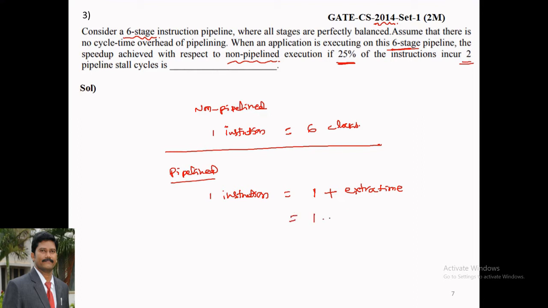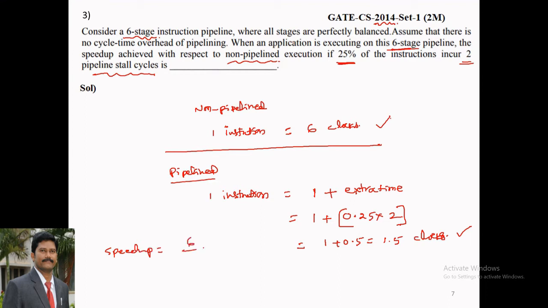That means 1 plus, what is the extra time? 25% of the instructions, that means 0.25, and each instruction of this 25% will take 2 pipeline stalls, so 2 cycles will be wasted. So this is the extra time due to the pipeline stall cycles. Now this is the time in the pipeline. So 1 plus 0.5 equals 1.5 clocks.